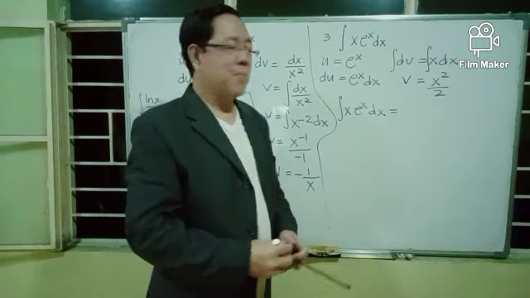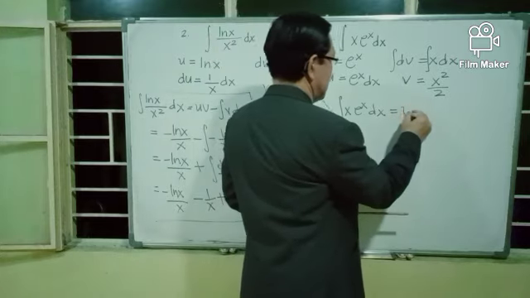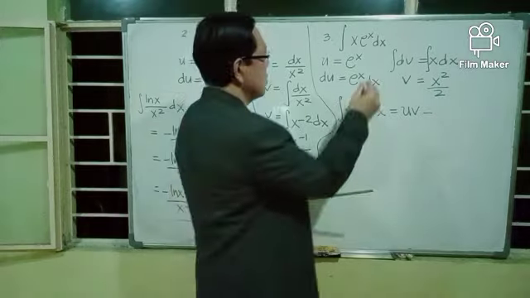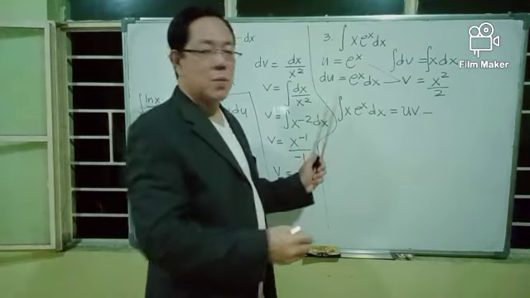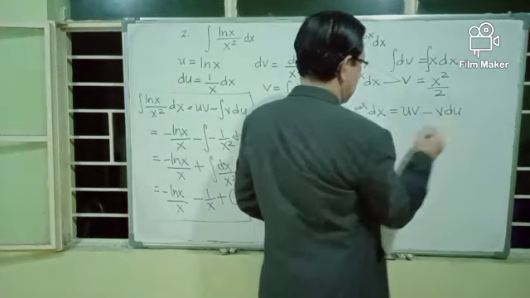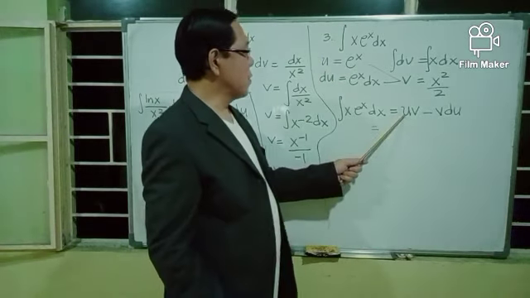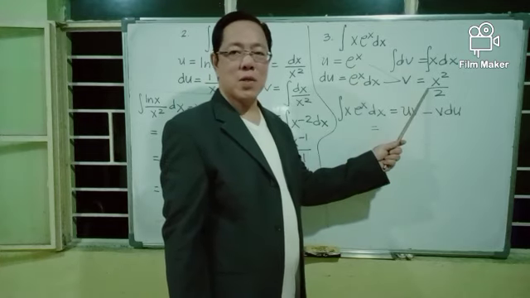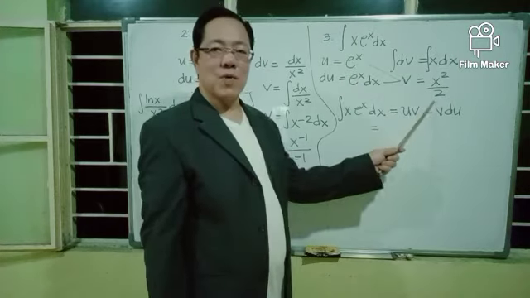So the given integral, by integration by parts, is equal to uv minus v du. Our u is e to the x multiplied by v, x squared over 2. We get x squared times e to the x over 2.